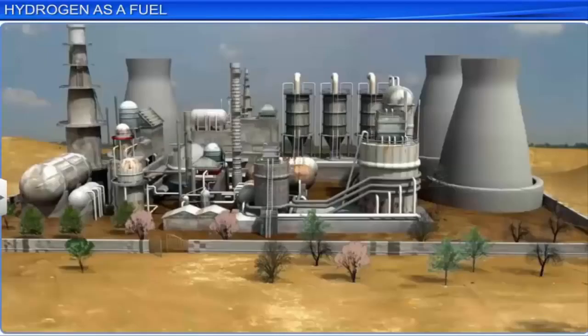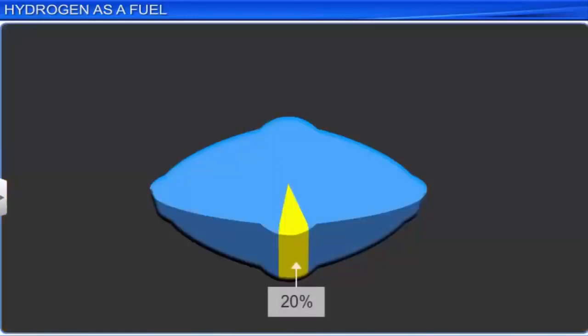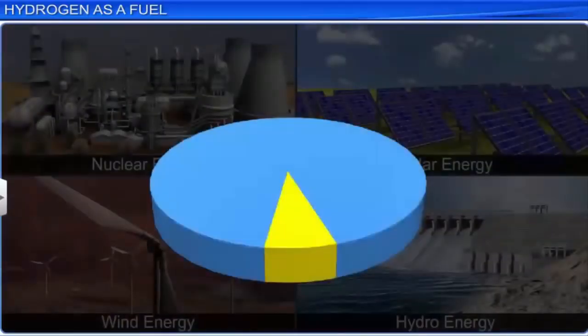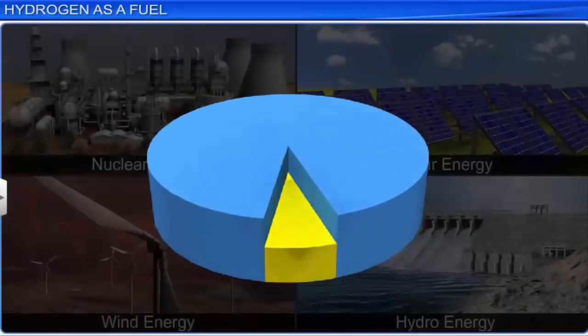One of the major alternative sources in use today is nuclear energy. However, it can only be used to obtain electrical energy, but only 20% of the total energy required constitutes electrical energy. So, for the remaining 80% energy requirement, scientists are still searching for a viable energy source.